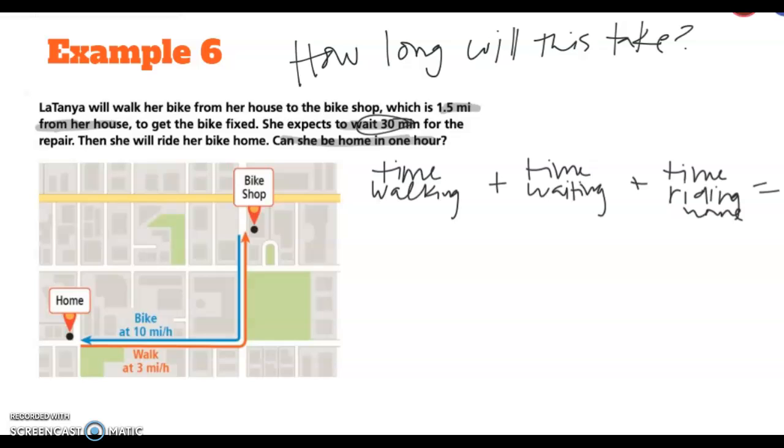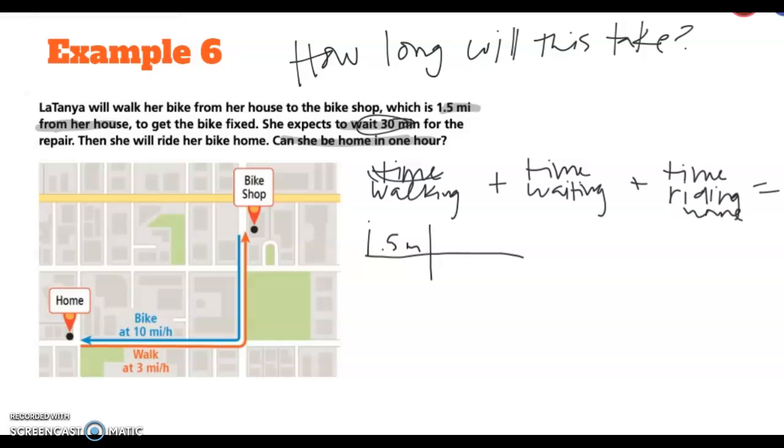So I need to know she's walking 3 miles per hour and she's going 1.5 miles. And I'm going to show you kind of a trick. So I know that I want time. That's what I'm looking for. So I kind of want to eliminate the miles per hour.